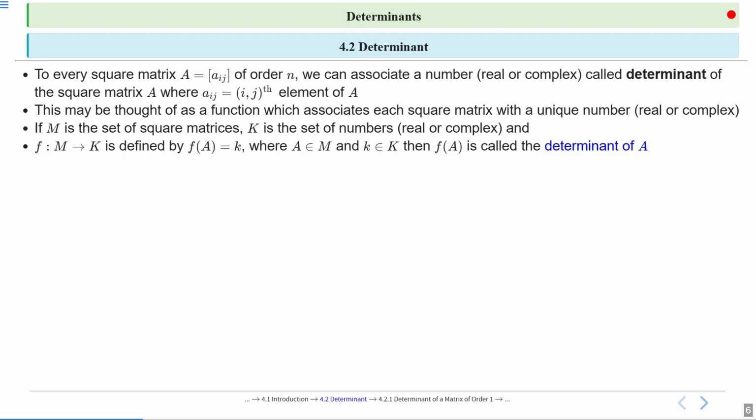Okay, we just map a matrix with that number. Then that number is called the determinant. Okay, and that number can be real or complex. It is denoted by bar A, and it is read as determinant of A, or it is also denoted by a triangle shape. Okay.